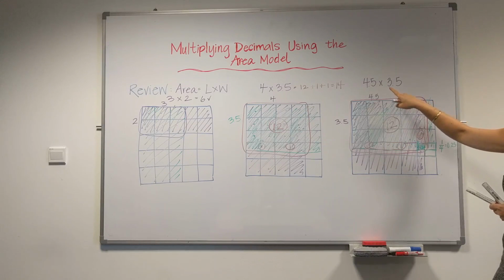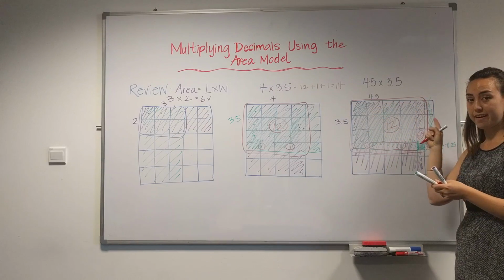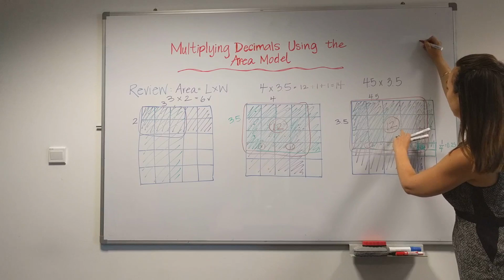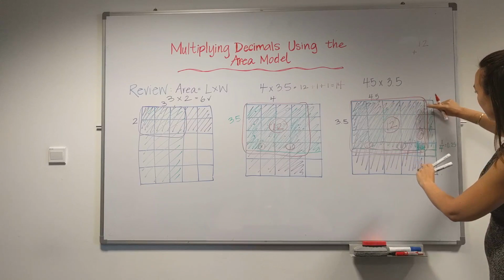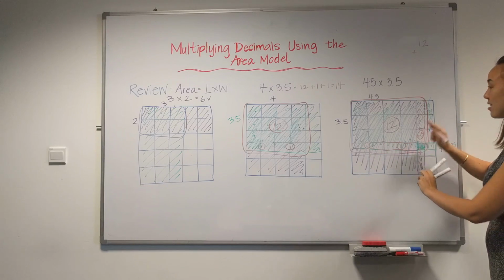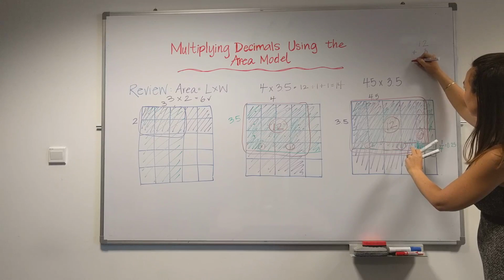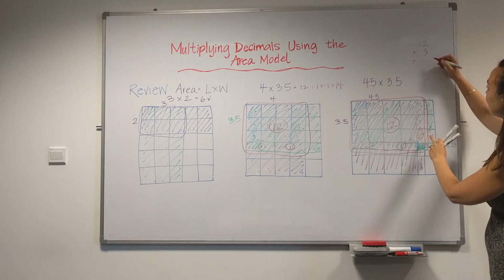Okay, so to determine the product, I need to add all of these pieces together to figure the total area. Here we go. So I see 12 holes here. 1, 2, 3 holes here. Now I have 5/10.